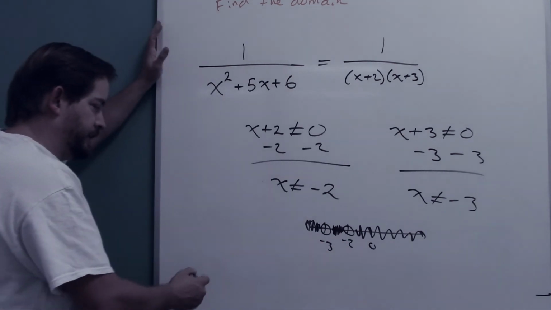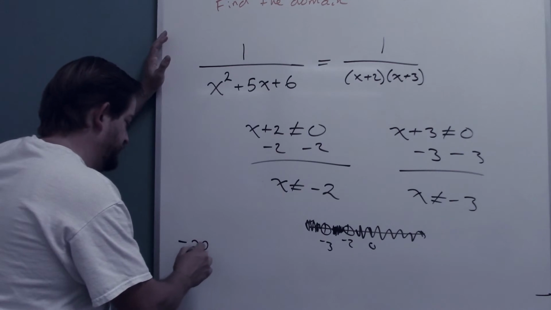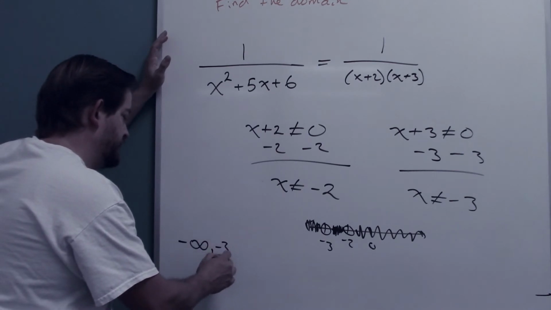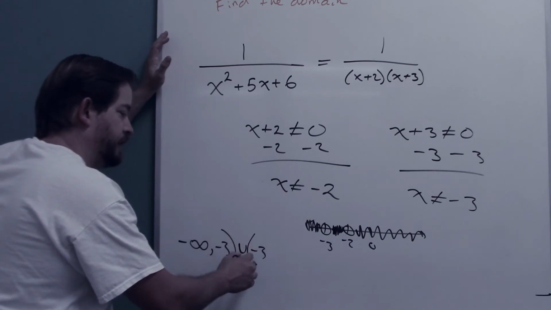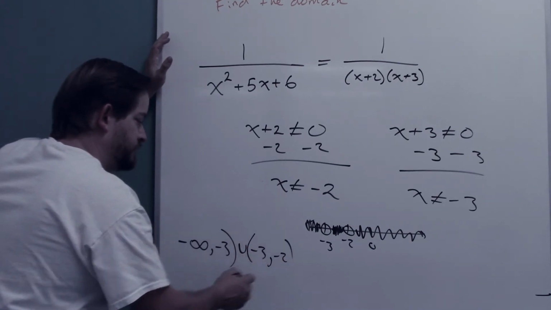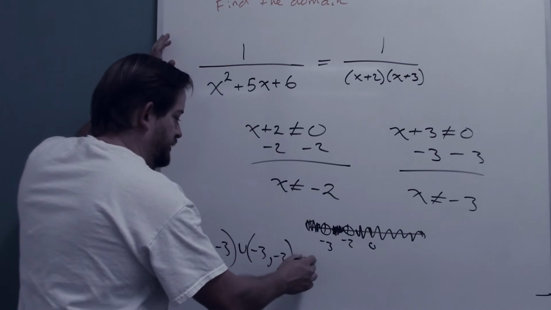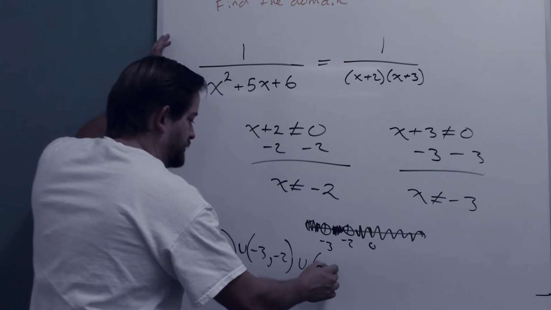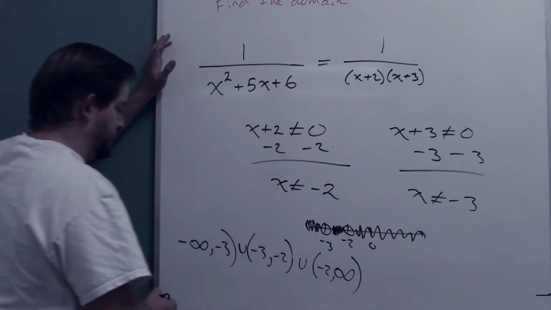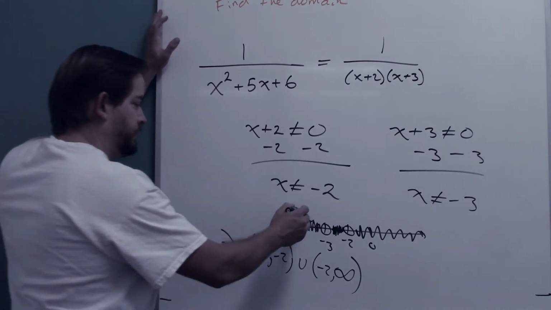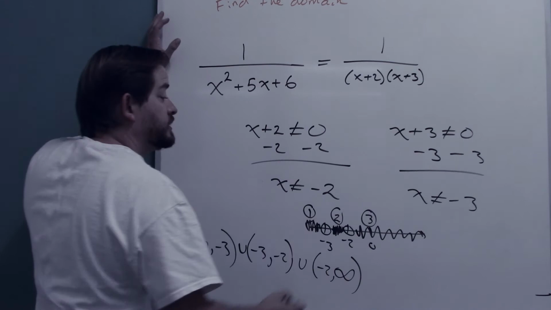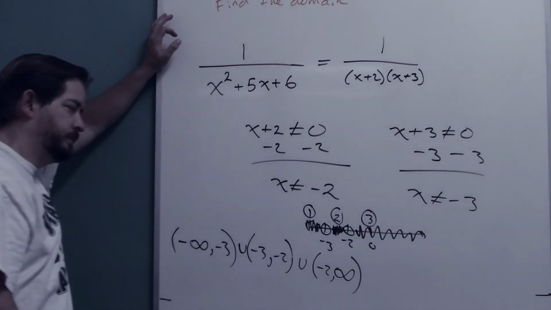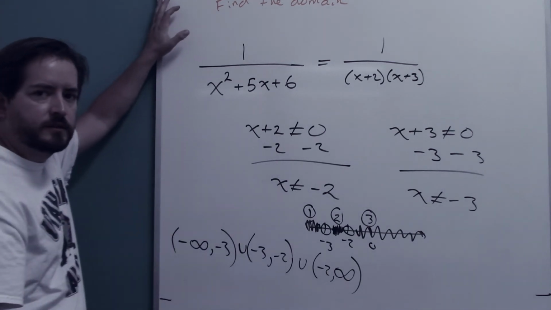And so to write that in interval notation, that would be negative infinity up to negative 3, excluding it, union, the exclusion of negative 3 up to negative 2 also excluded, and then union that again with negative 2 to infinity. If you note, there are indeed 3 intervals. Here's the first one, here's the second one, and there's the third one. So it's 2 unions of 3 intervals.